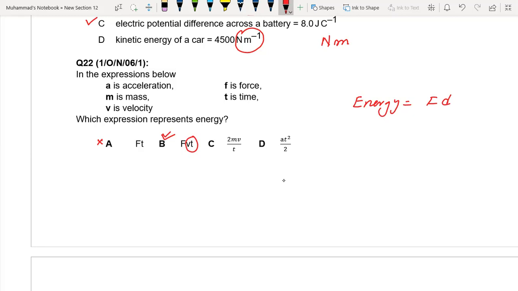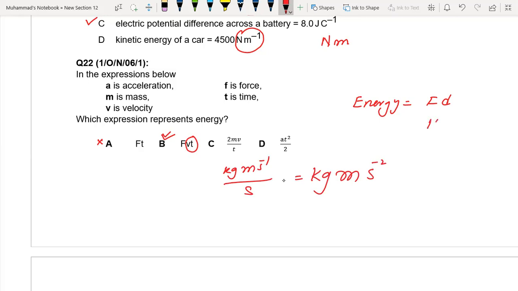Or in other words, you can work in quantities as well. Over here, this is momentum, m into v, and if you want to simplify this, that is kg m s minus 1 over second, that is kg m s minus 2. So this is not the unit of energy.